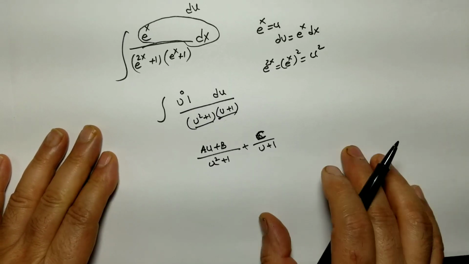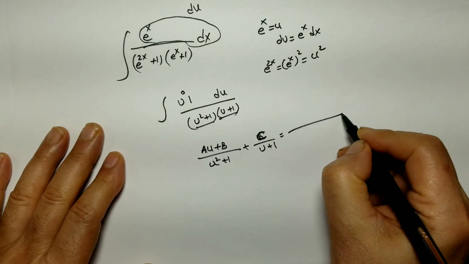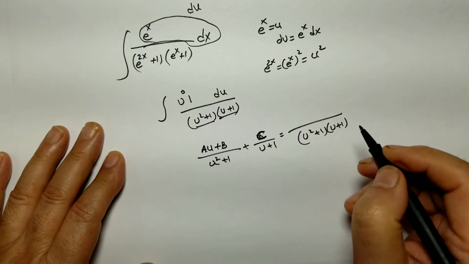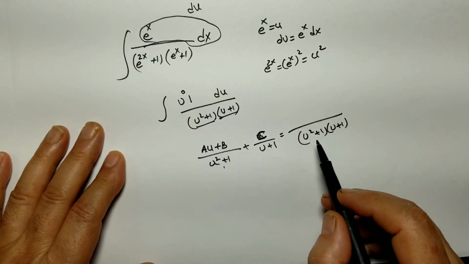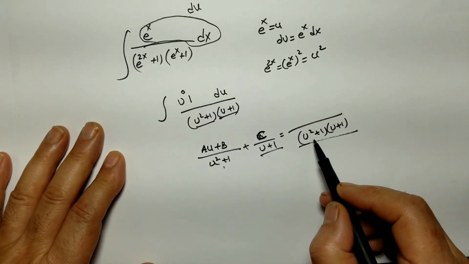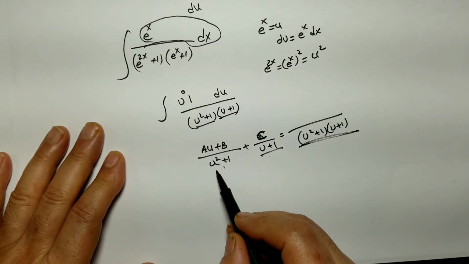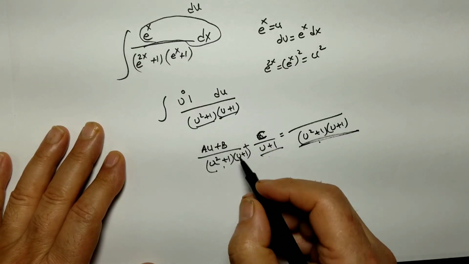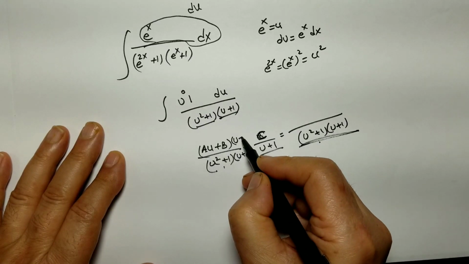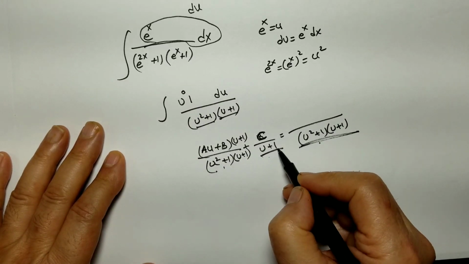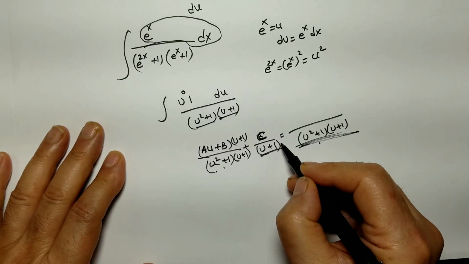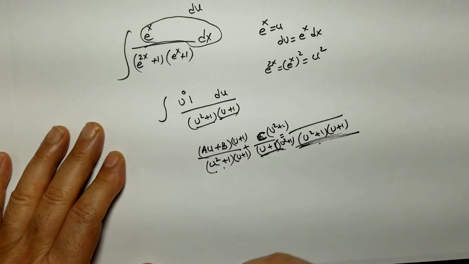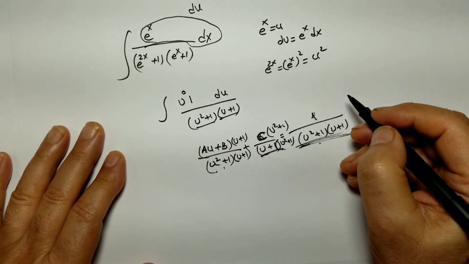This has to become equal to 1 over u squared plus 1 times u plus 1. You've got to make this denominator just like this one. How can I make this one just like that? I have to multiply by u plus 1. What you do to the bottom, you've got to do to the top. And for the other, I need a u squared plus 1, so I multiply this one by u squared plus 1. And the top is 1.